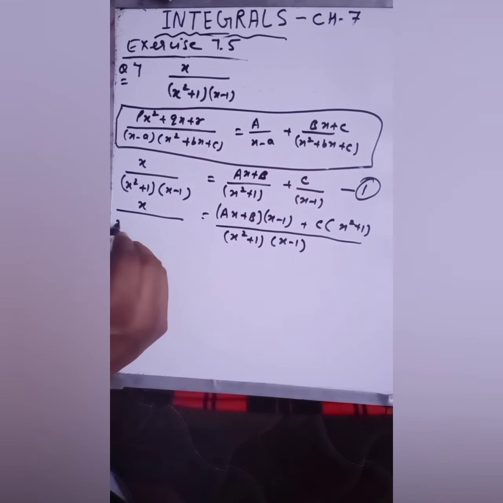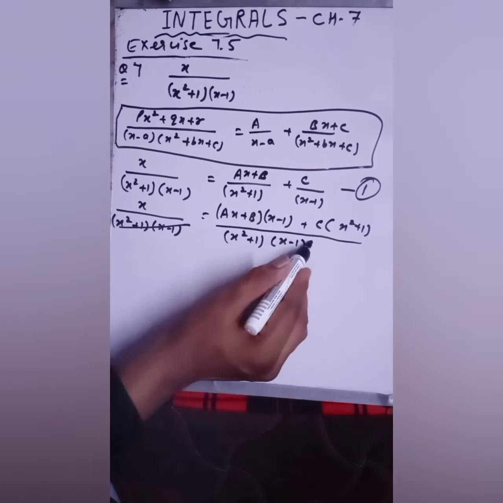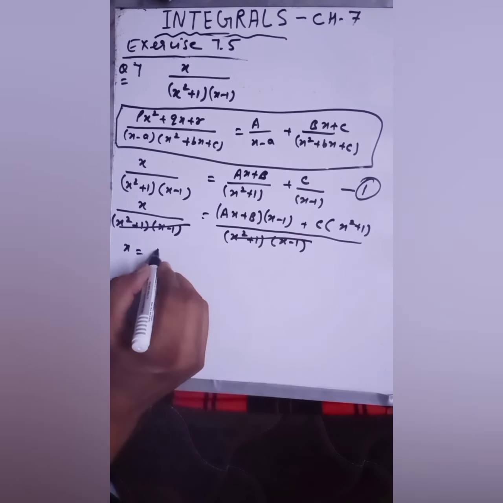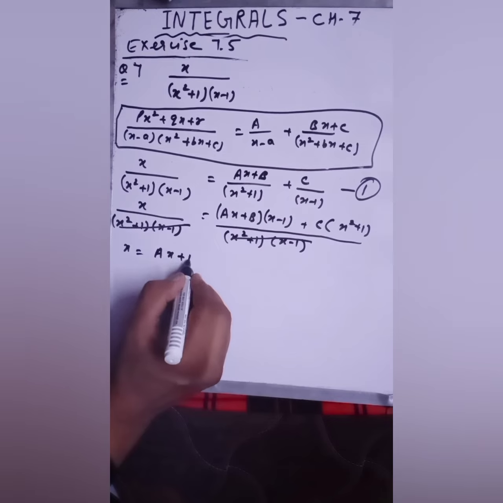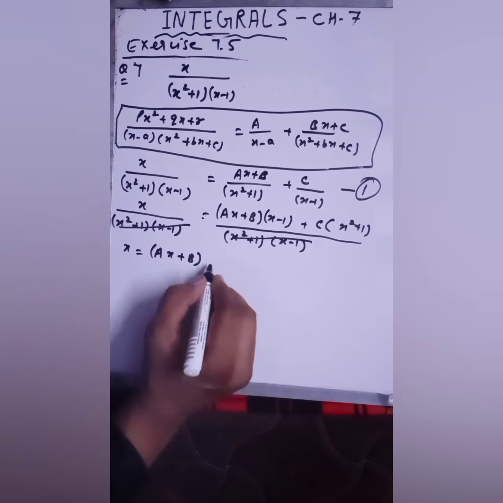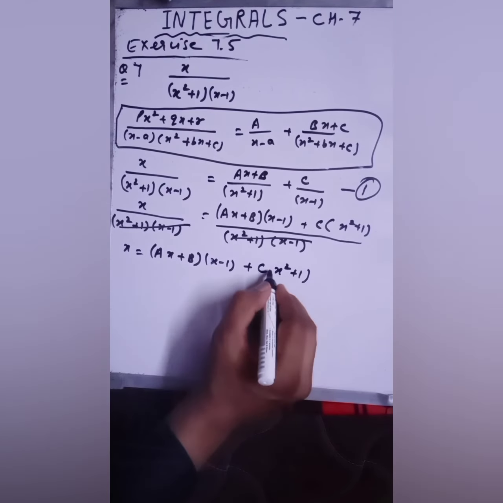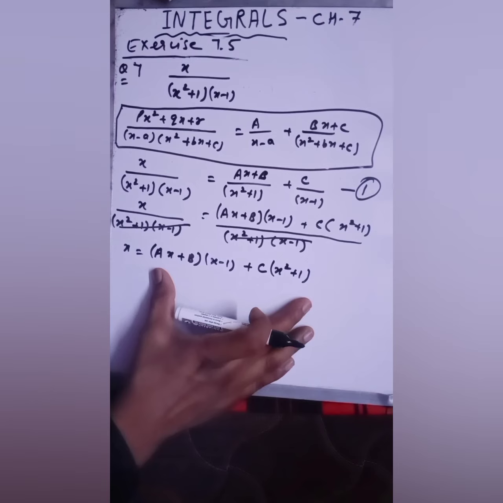On the left, x over x square plus 1 times x minus 1. So this and this term will cancel out and you will get x is equals to ax plus b times x minus 1 plus c times x square plus 1. So you will get this equation.